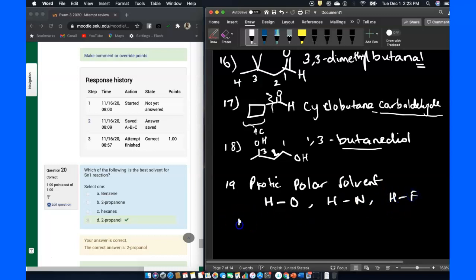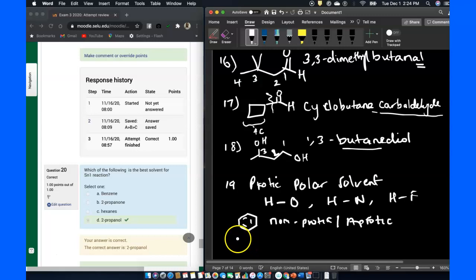So you needed to draw the structures of these. Benzene has no oxygen, so this guy is non-protic. And non-protic simply means aprotic. That's the word we use. The opposite of protic is aprotic. There are no hydrogens bonded directly to O, N, or F.